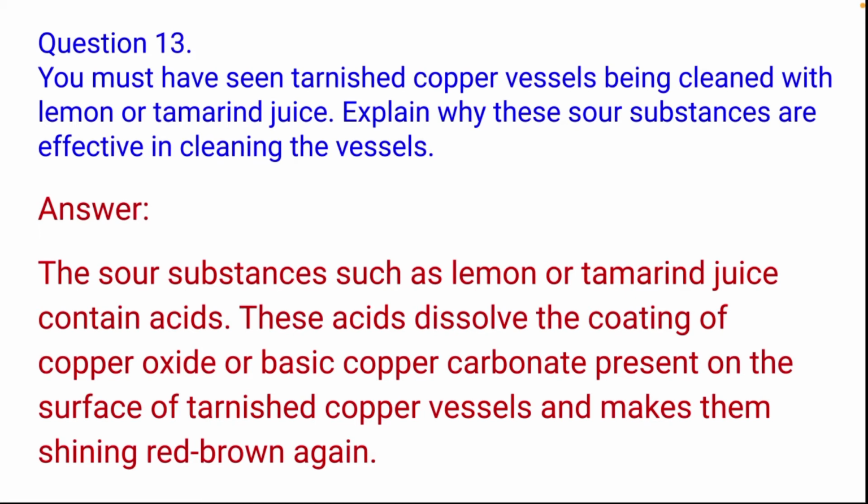These acids dissolve the coating of copper oxide or basic copper carbonate present on the surface of tarnished copper vessels and make them shining red-brown again. So because of that reason we use lemon or tamarind juice to clean tarnished copper vessels.